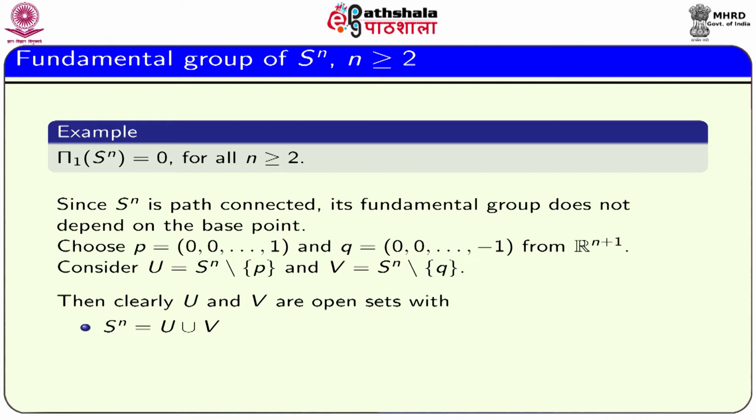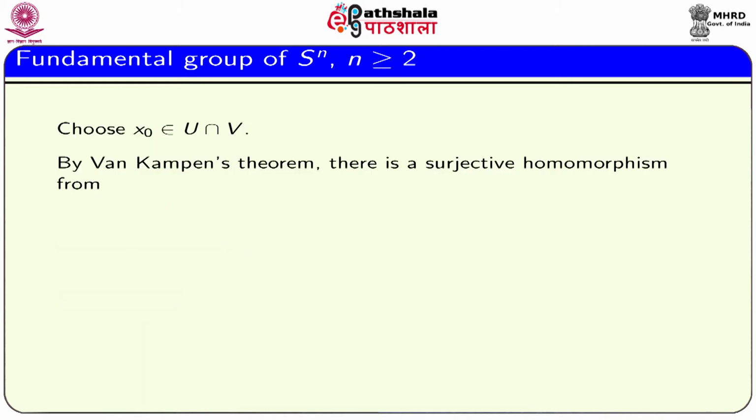Now again, Sn is U union V, and if we take U intersection V, then it contains all the points of Sn except for 2 points P and Q. So, U intersection V is path connected. Now we choose any point x0 from U intersection V.